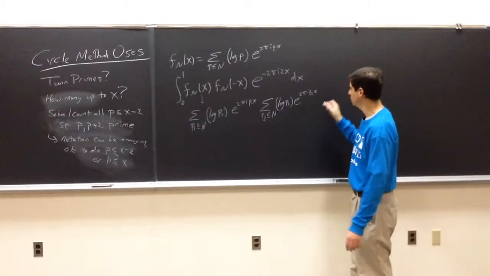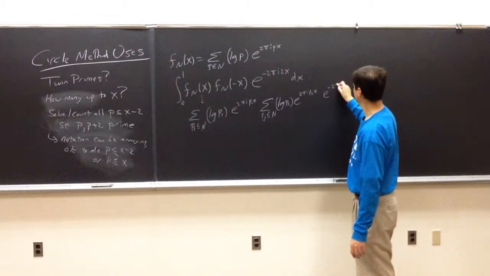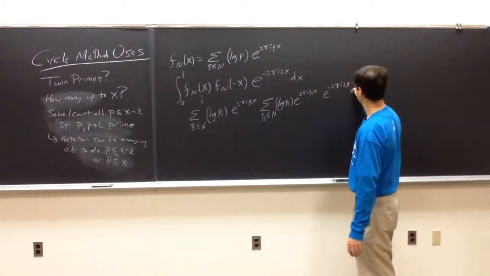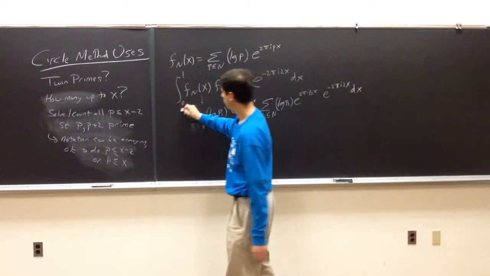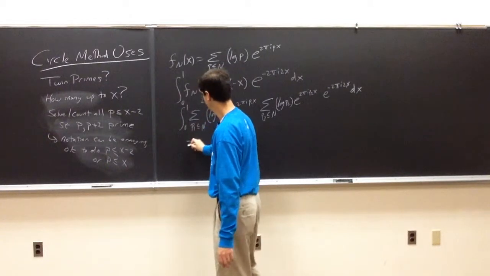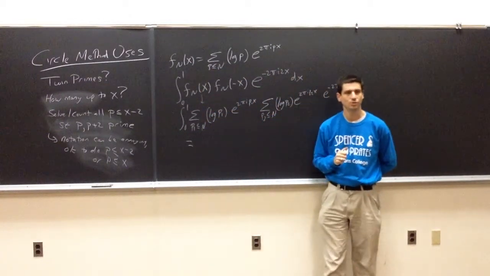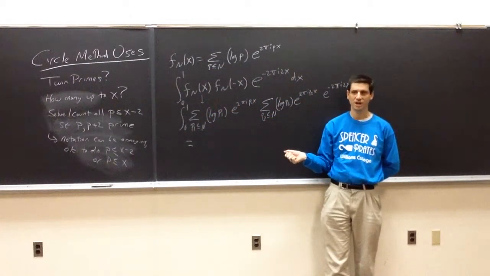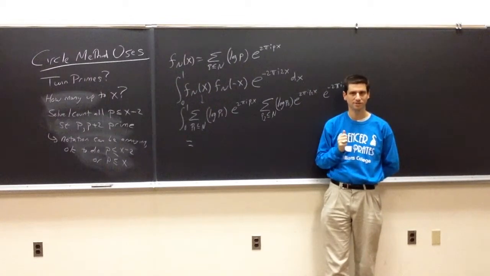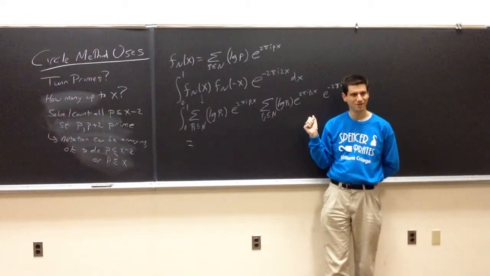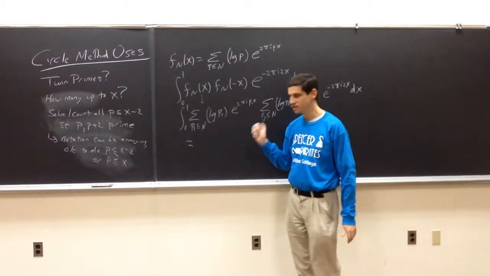And then the last one is going to be e to the negative 2 pi i 2x dx. Integrate from 0 to 1. All right. We've done this numerous times all semester. What do we do here? Switch, right? We've got integrals and sums.